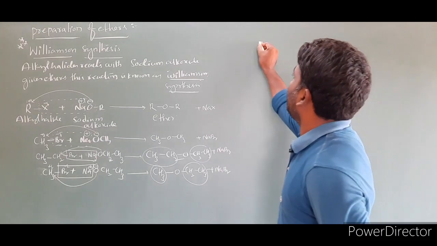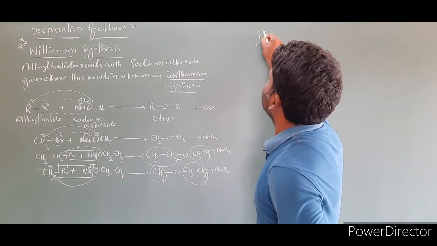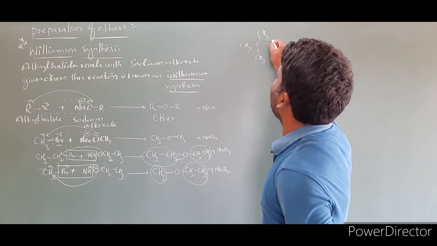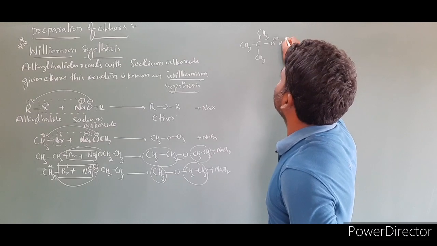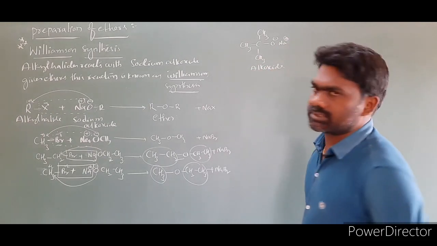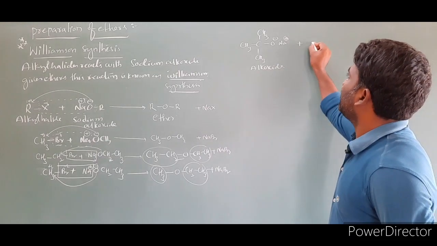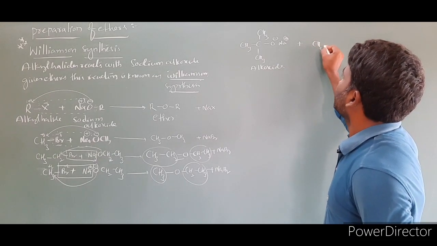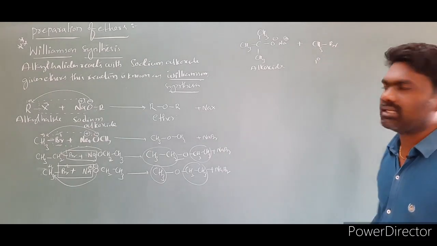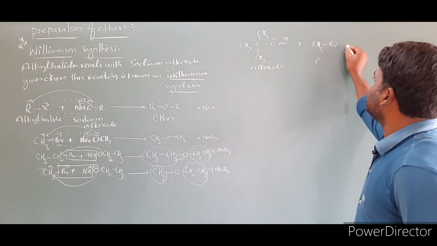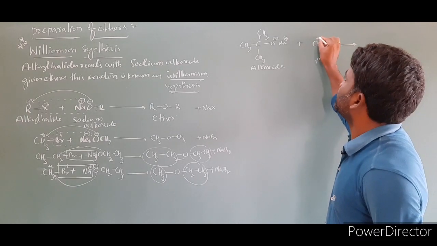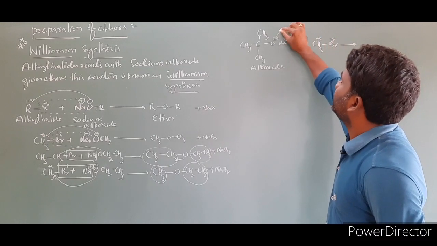I am taking the alkoxide CH3O minus Na plus. So this is the alkoxide. I am taking the alkyl halide as primary, CH3Br. Now what is the product we can expect from here? This is the negative charge, this is partially positive, this is partially negative.